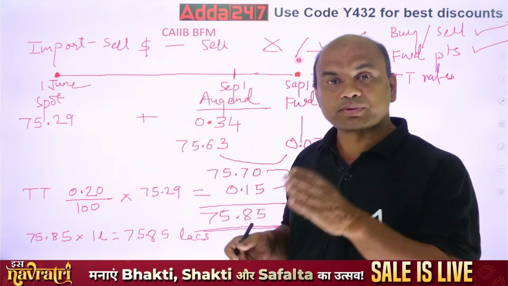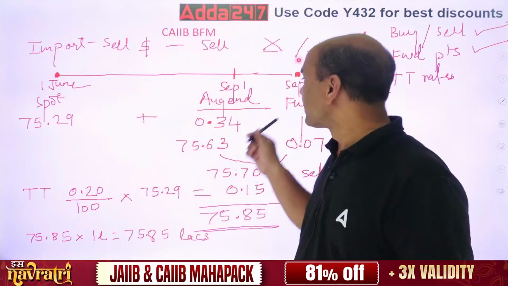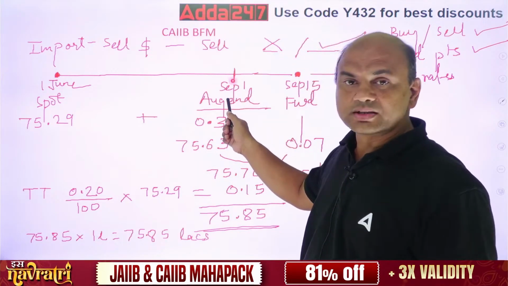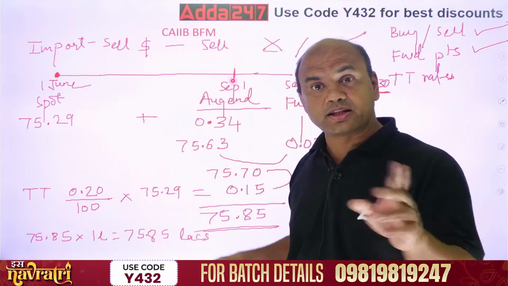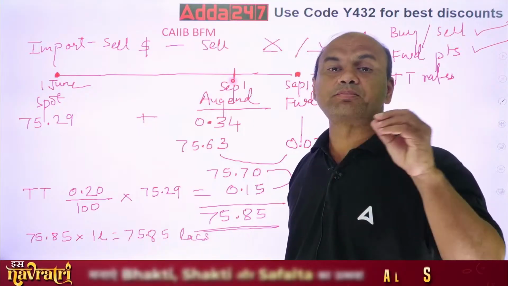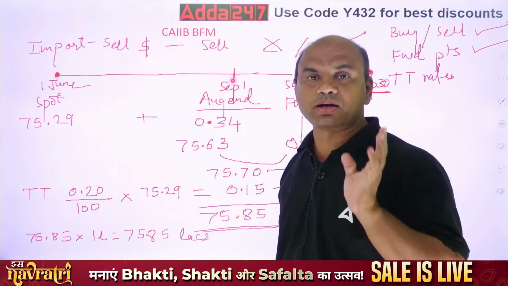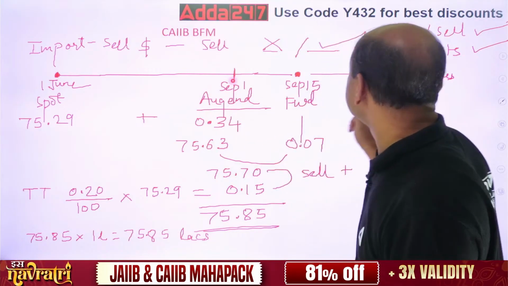One is September 1, starting of the month and ending of the month. That month, don't focus on any other month. If you want September 15, focus on September start, September end.